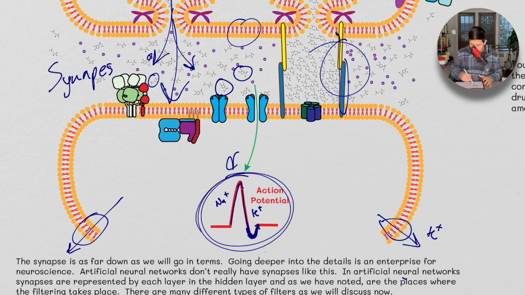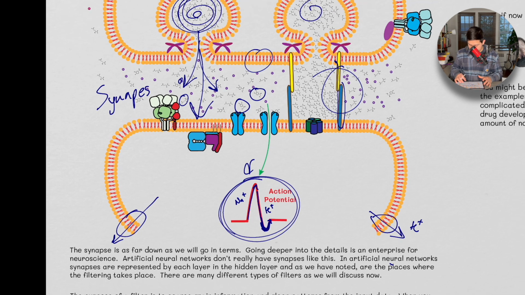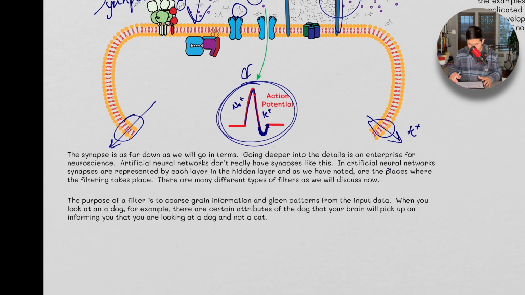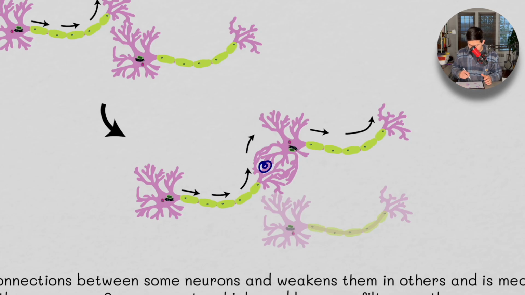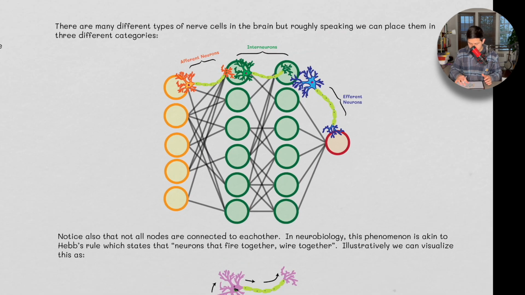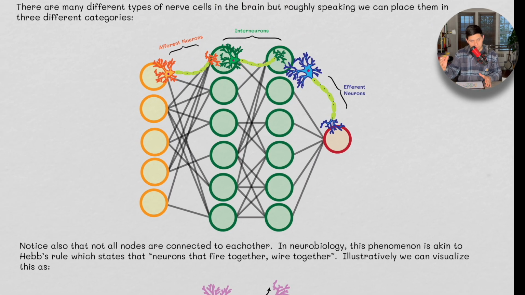This is more of a neuroscience topic, so I won't cover it too much. We'll go over neuroscience in a separate playlist. But the idea is that when we look at these neural networks, what we're going to neglect is the intricate world going on in these nodes.